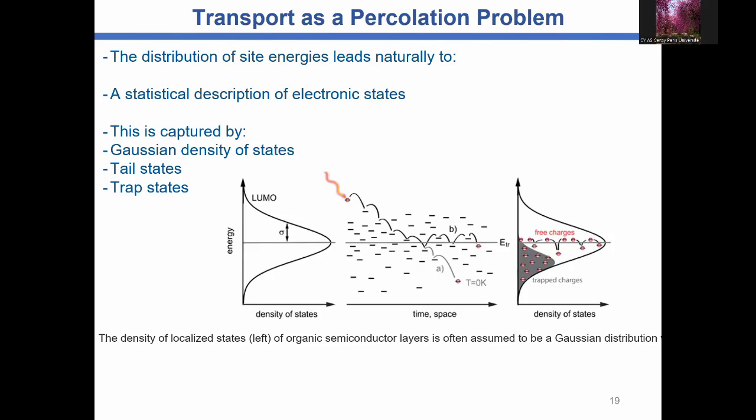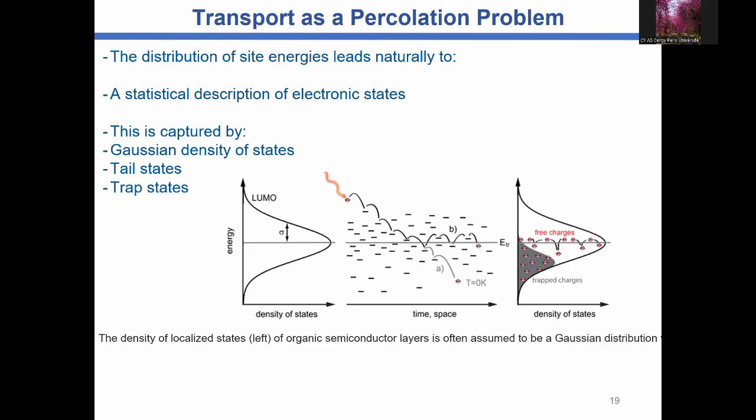So we have this hopping between the states. And in terms of the energy distribution, we have the available free states here, and they behave like a Gaussian distribution. So every organic material doesn't have specific states like inorganics, but has this Gaussian distribution.